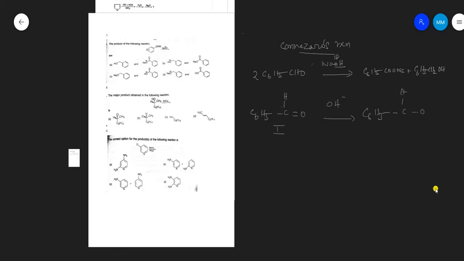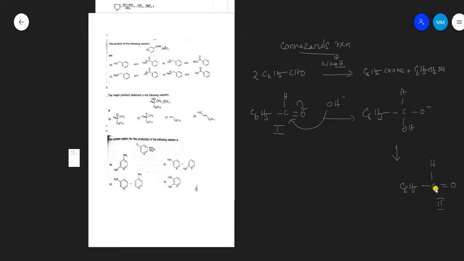There will be O minus, and here the OH is added. Then in another step, this intermediate reacts with another benzaldehyde molecule, the second benzaldehyde, C6H5CH double bond O.